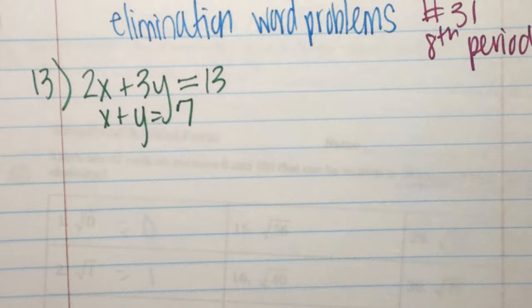Is everybody with me? It said the sum of two numbers equals 7. And that was the second one. And then it said 2 times the number plus 3 times another number is 13. That's how we got the first one.